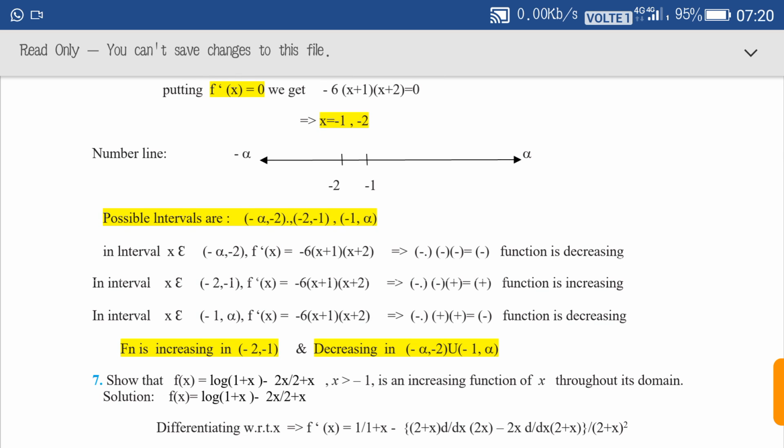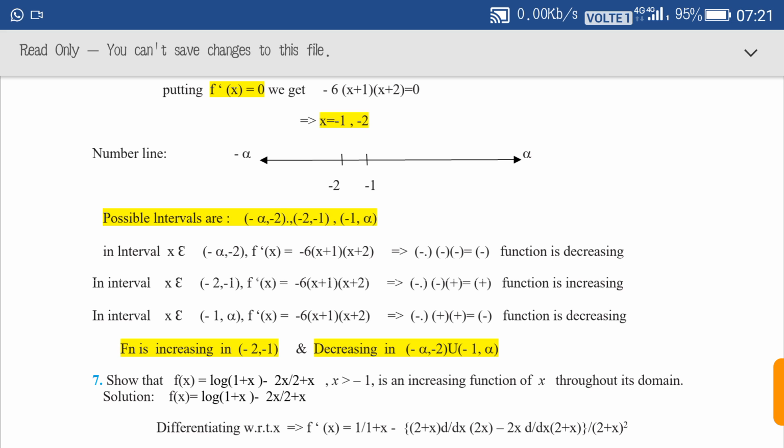Now you have to check f dash x in these intervals. So in the interval minus infinity to minus 2, we take x from this interval, then the value of f dash x will be equal to minus 6 (x plus 1)(x plus 2).